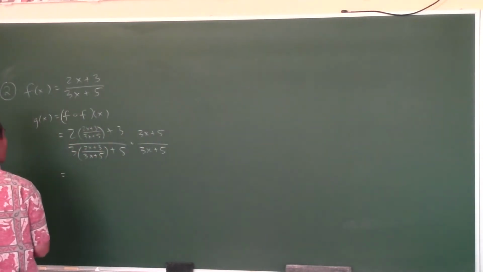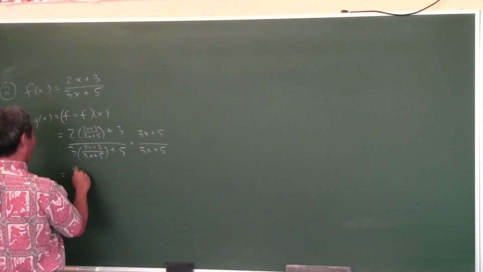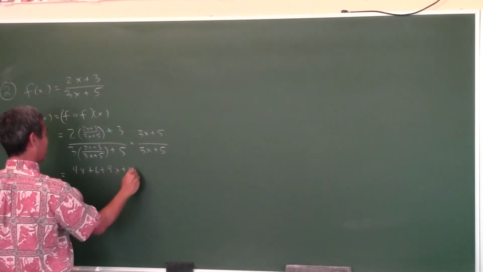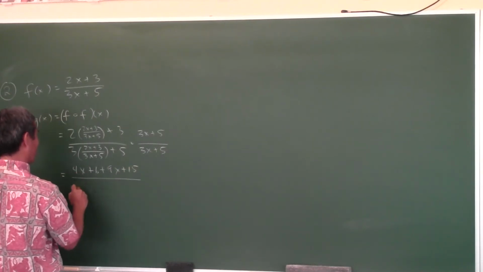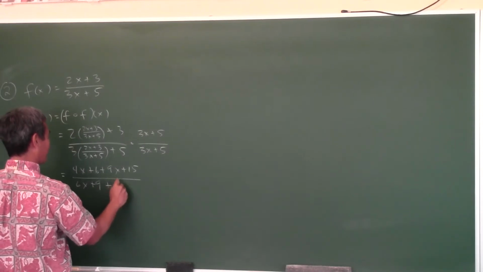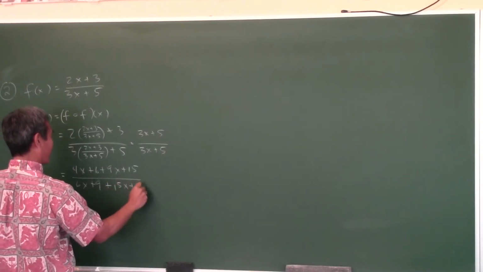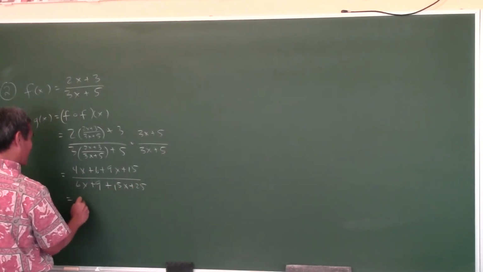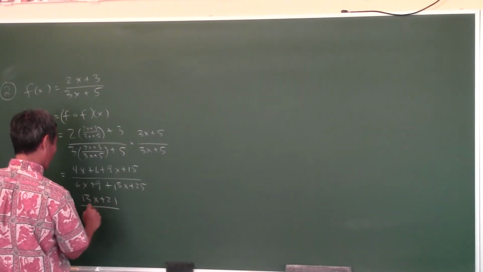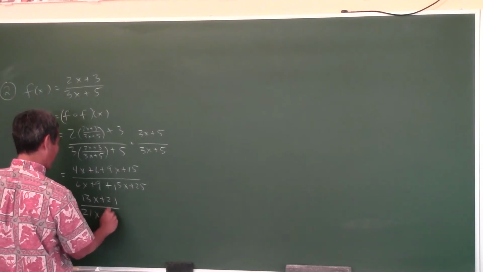And you will get 4x plus 6 plus 9x plus 15 all over 6x plus 9 plus 15x plus 25, and that simplifies to 13x plus 21 all over 21x plus 34.